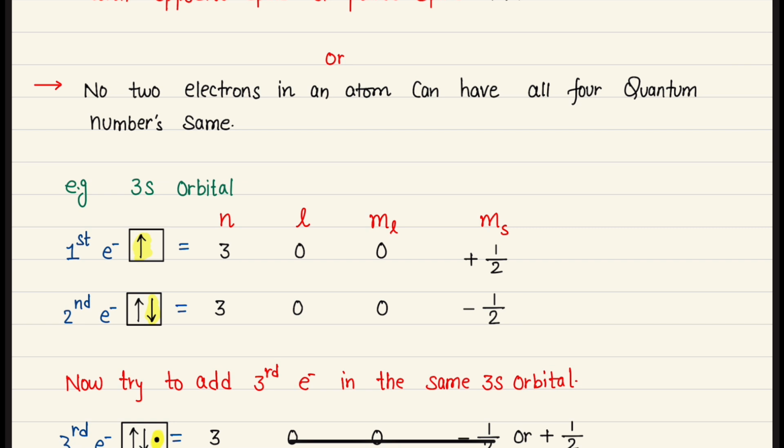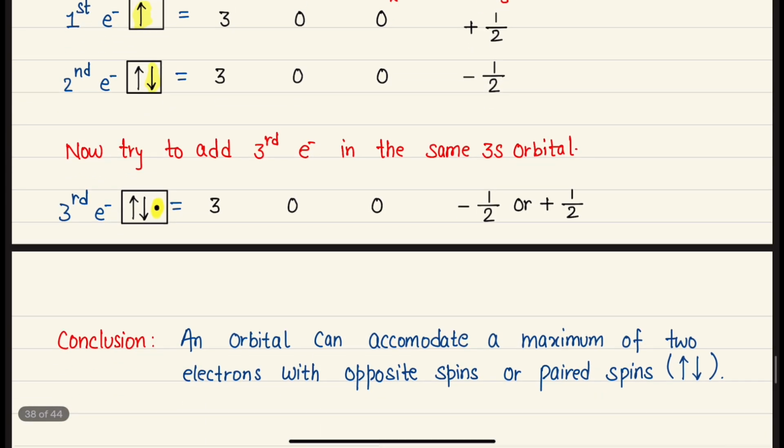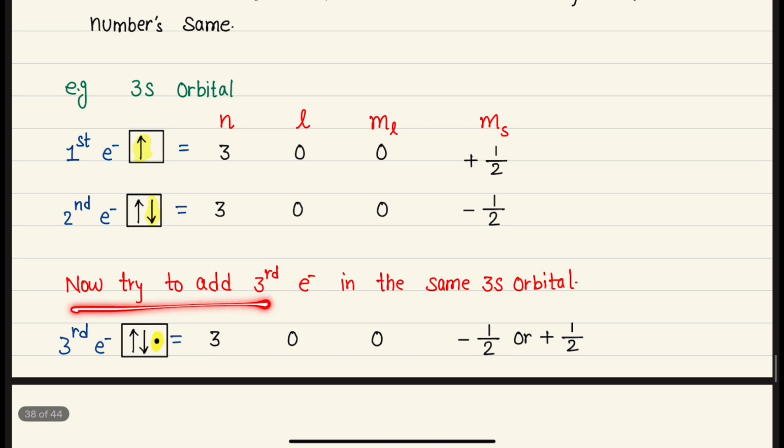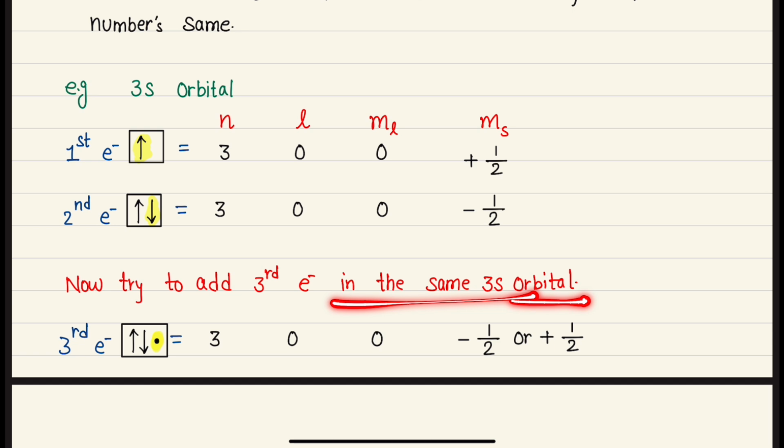Now suppose you want to add one more extra electron in the same 3s orbital, so what will happen? Now we will see. Suppose we try to add a third electron in the same 3s orbital.